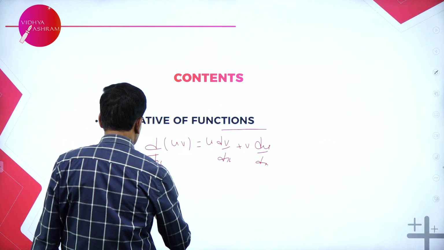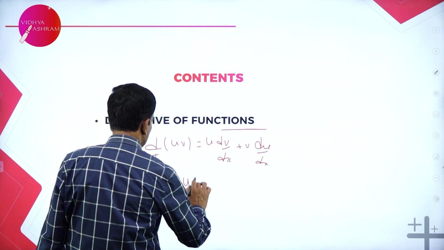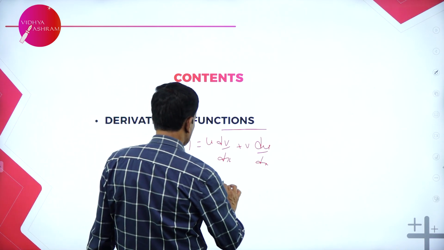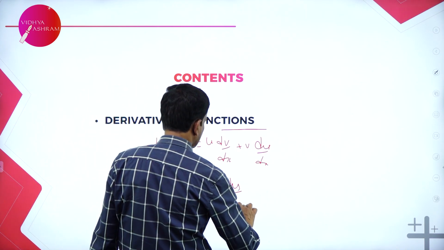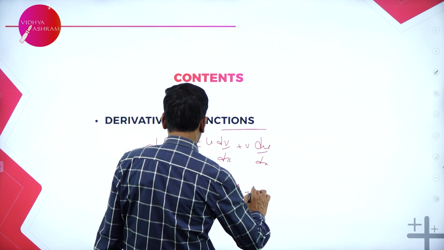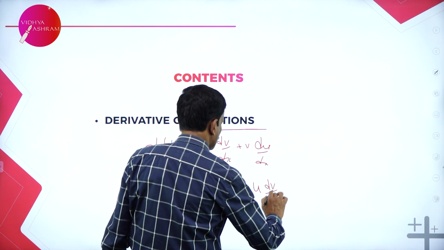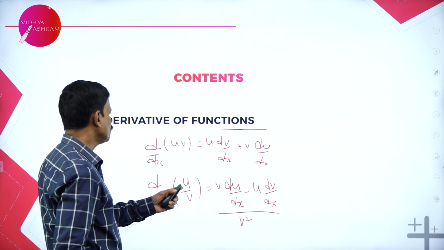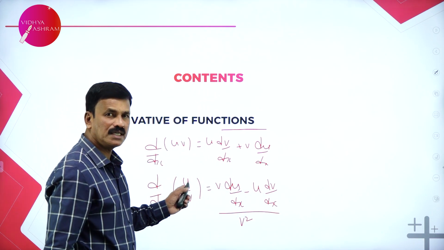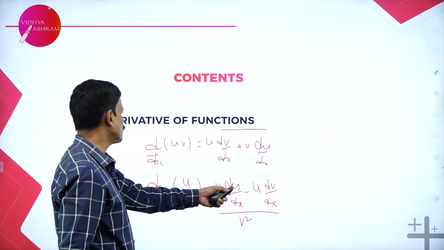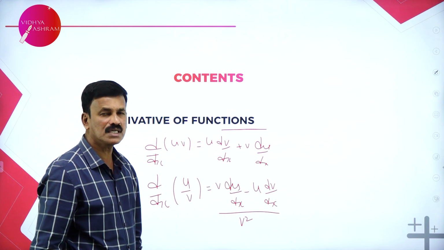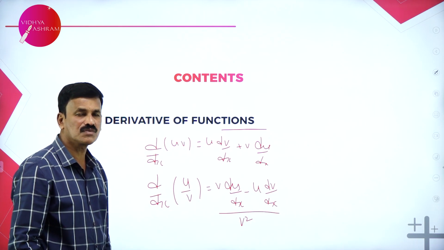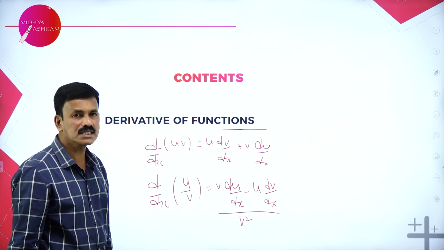Similarly, the quotient rule, d by dx of u by v: denominator into differentiation of numerator minus numerator into differentiation of denominator, divided by denominator square. That is, d by dx of u by v is v into du by dx minus u into dv by dx, divided by v square. So, using this concept, let us discuss a few more problems from the exercise.